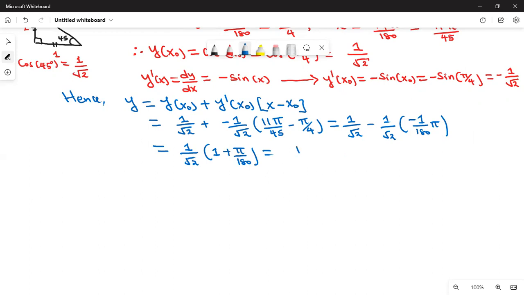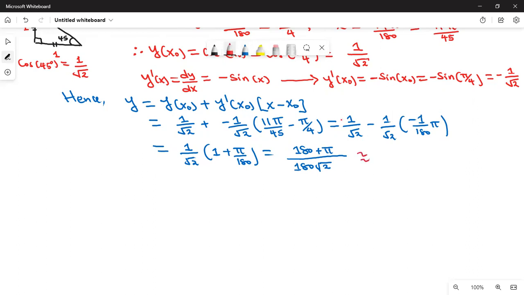So this is 180 plus pi over 180 root 2. That is the approximation for cosine of 44 degrees.